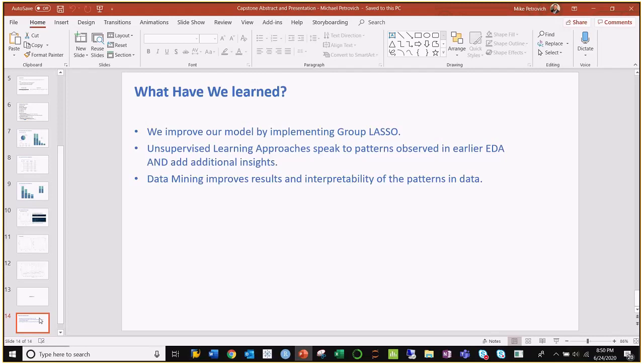And then last but not least, the data mining improves results and interpretability of patterns in the data. So we saw that. We noticed that it took whatever our third model was, right, with human capital and job attributes, and it really blew that up by looking for the absolute best mixture of variables.